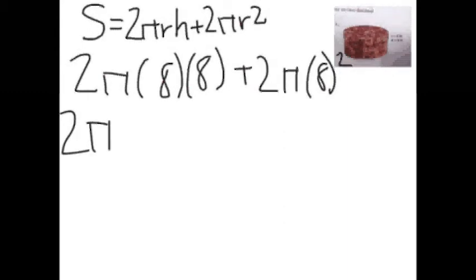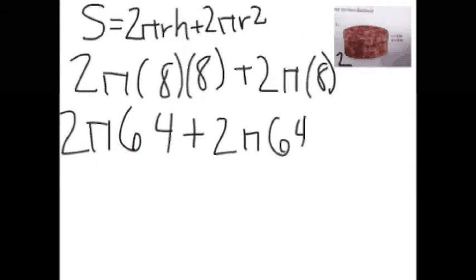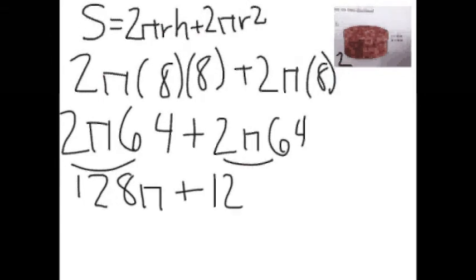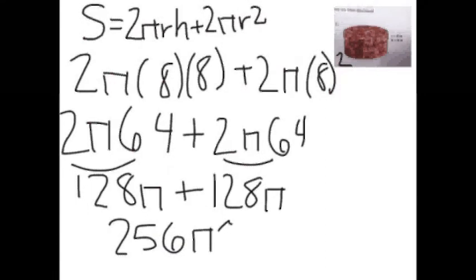So 2 pi, 8 times 8 is 64, plus 2 pi and 8 squared is 64. 2 times 64 is 128 pi, plus 128 pi. You can add them together and you get 256 pi, which is the exact answer.